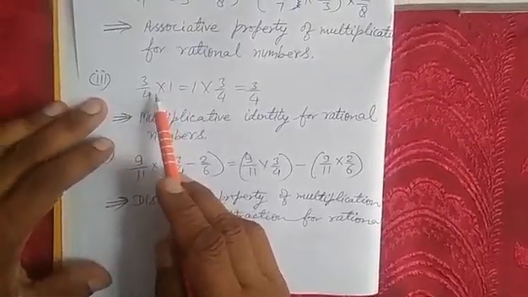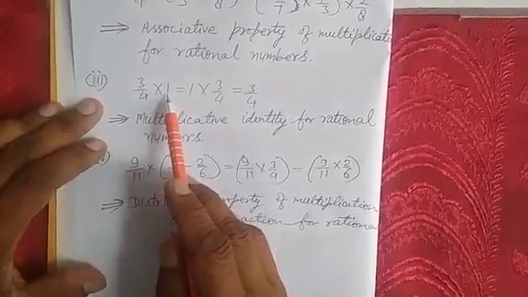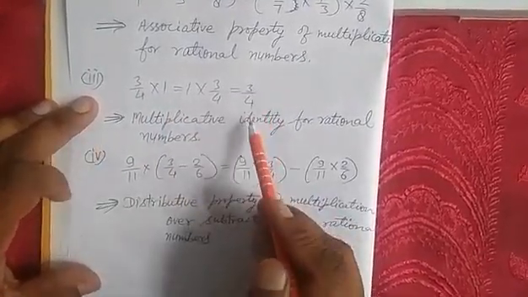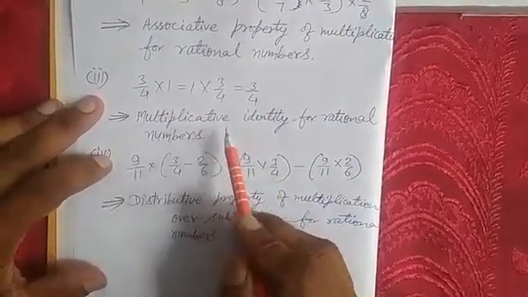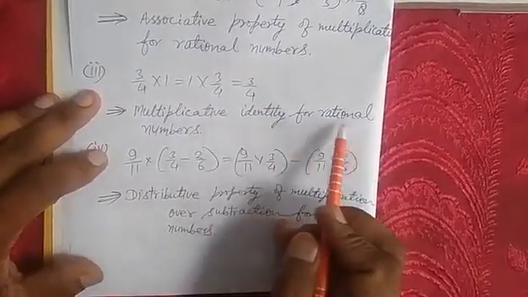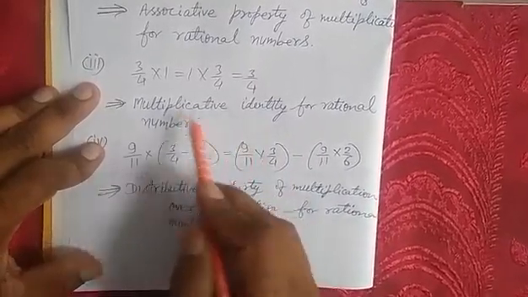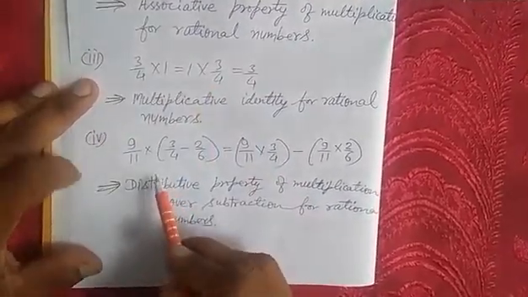Third part is 3 upon 4 into 1 is equal to 1 into 3 upon 4 is equal to 3 upon 4. This is multiplicative identity for rational numbers. As you know, in multiplication 1 is the multiplicative identity.